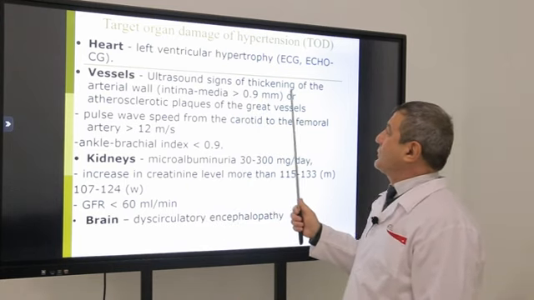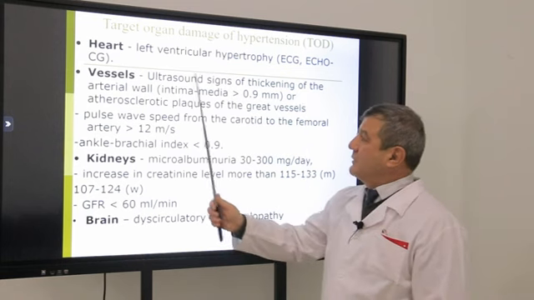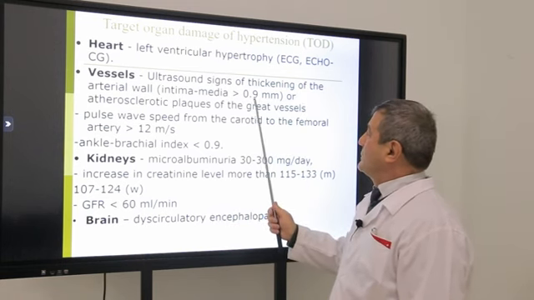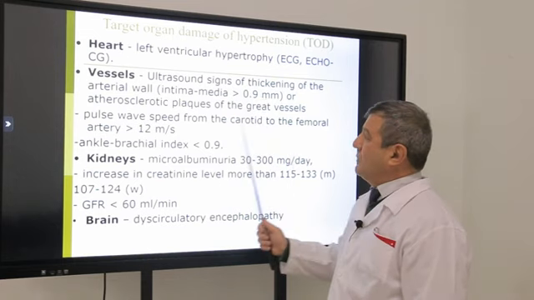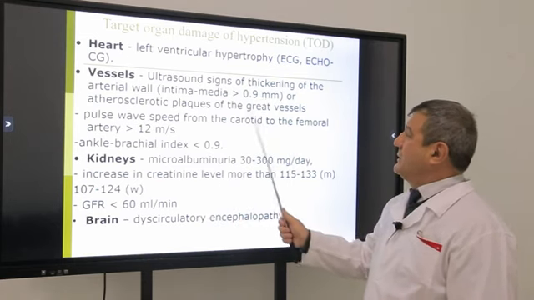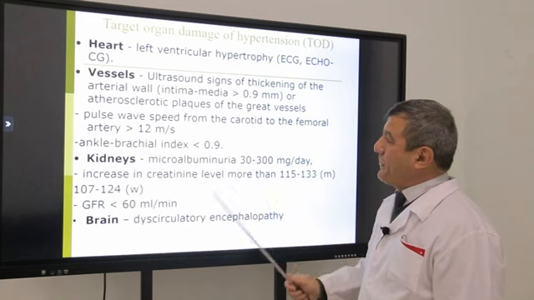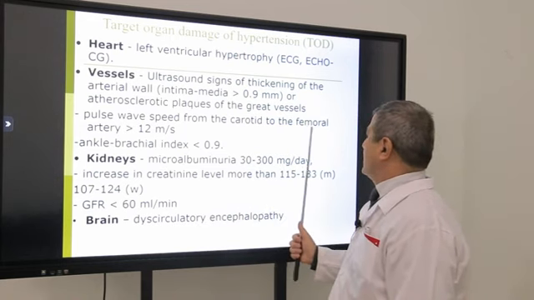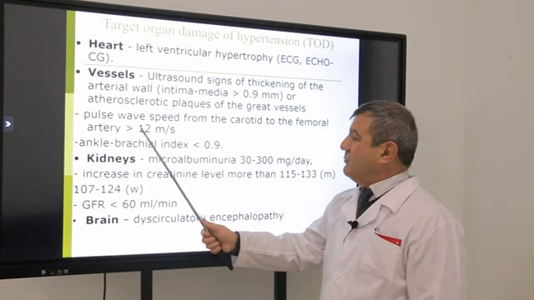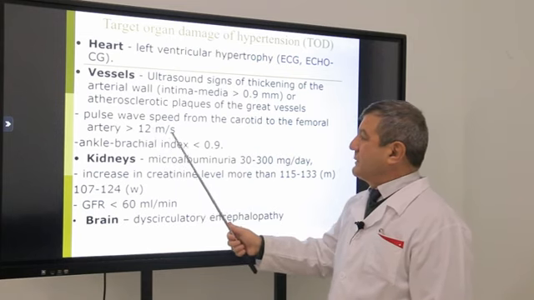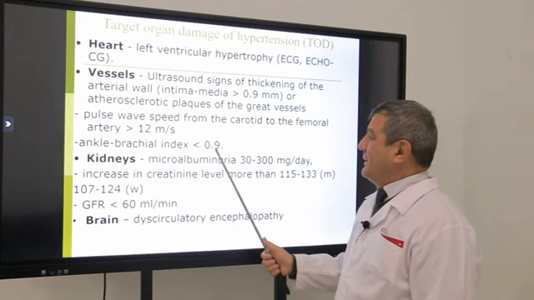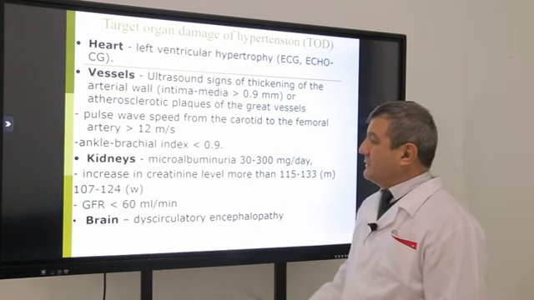Ultrasound signs of thickening of the arterial wall, intima media more than 0.9 mm, or atherosclerotic plaques of the large vessels. Pulse wave speed from the carotid to the femoral artery more than 12 meters per second. Ankle brachial index less than 0.9.